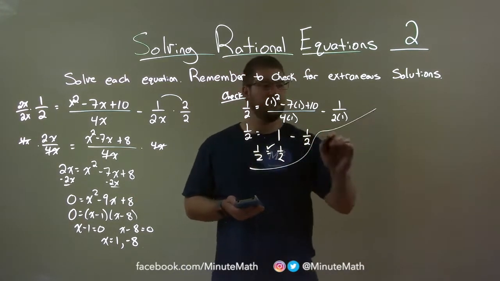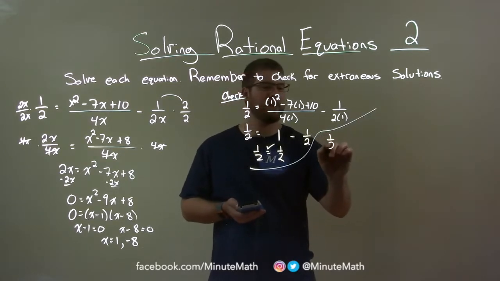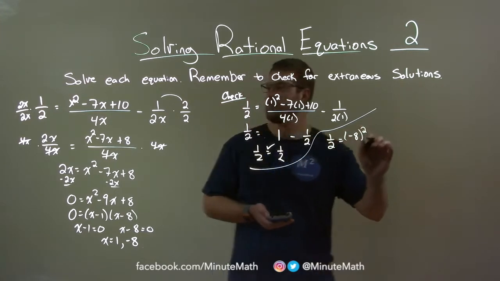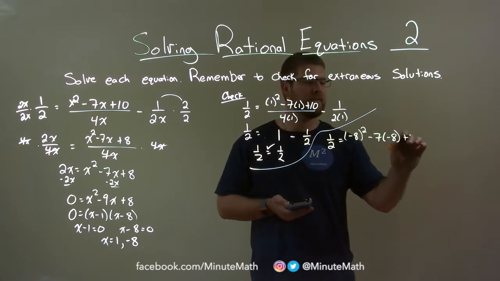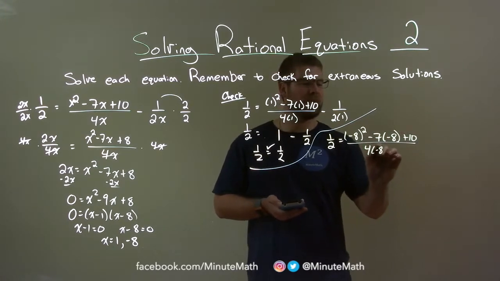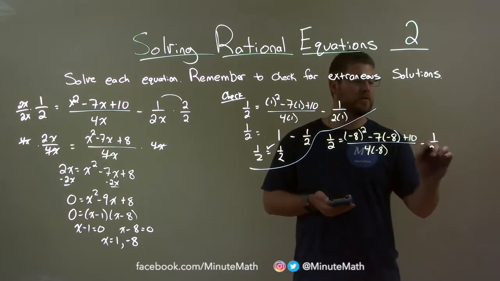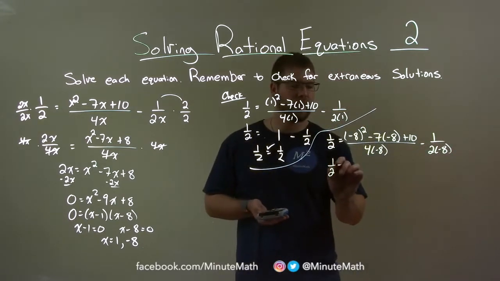Okay, so the next check, let's put negative 8 in. So 1/2 equals a negative 8 squared minus 7 times a negative 8 plus 10 over 4 times a negative 8, a little more complicated this time, minus 1 over 2 times a negative 8. Well, again, here it's just 1/2.